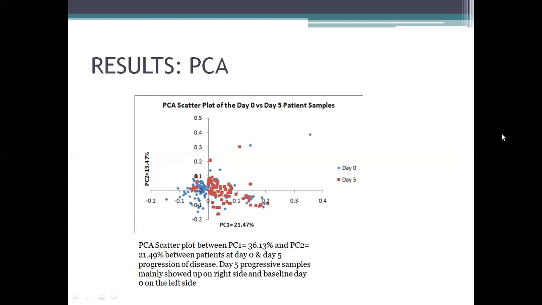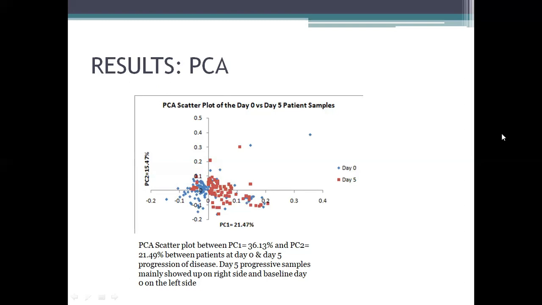The blue dots reflect the samples on day 0, and the red square dots depict the progressive samples on day 5. As we can observe in the graph, the day 0 samples were observed in the second and third quadrants, and the day 5 samples were observed in the first and fourth quadrants.